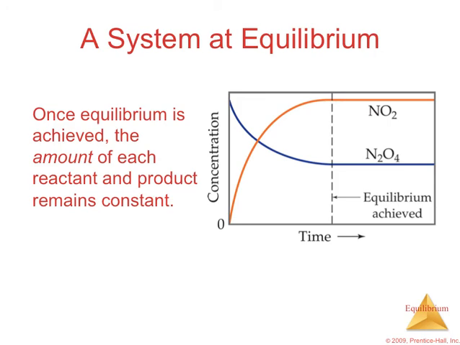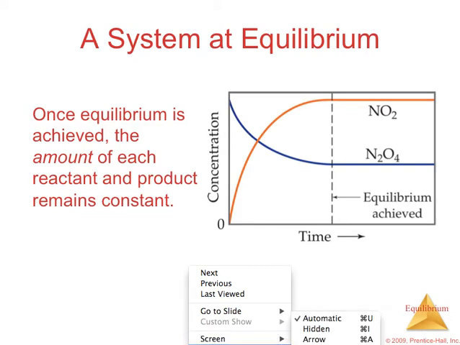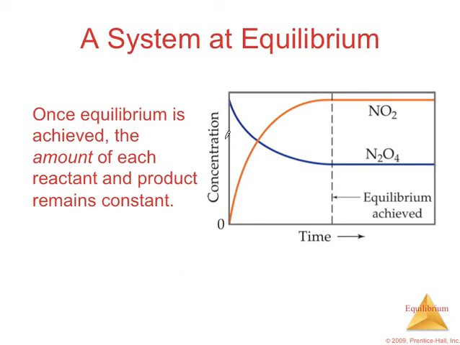Now, we can contrast this with the graph of concentration versus time. If you notice, in the beginning, I have my starting point for the amount of reactants. I don't have any product.